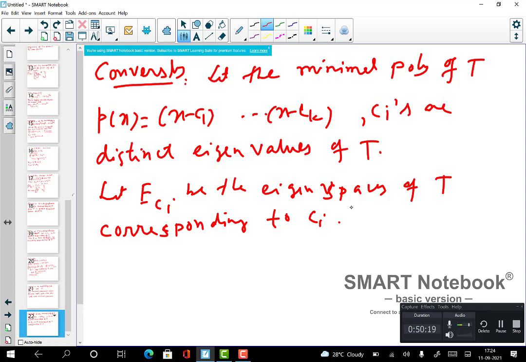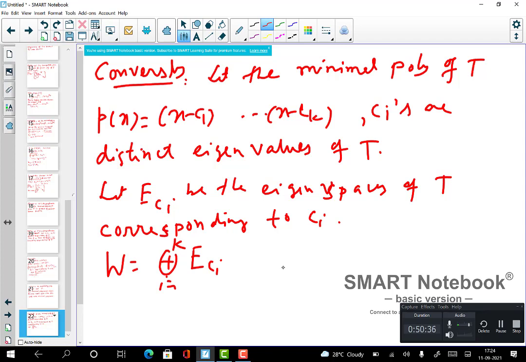Okay, so if these are eigenspaces corresponding to the ci's, then you take the direct sum. So let W be the direct sum of the E(ci)'s, i from 1 to k.